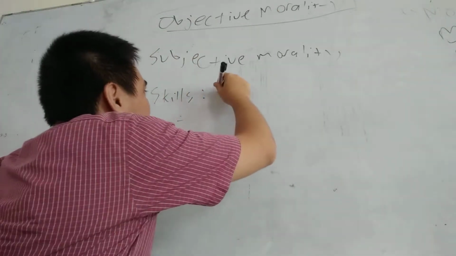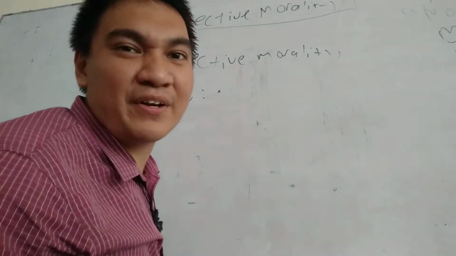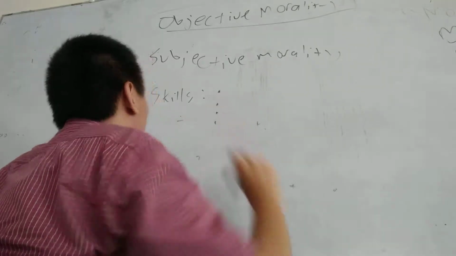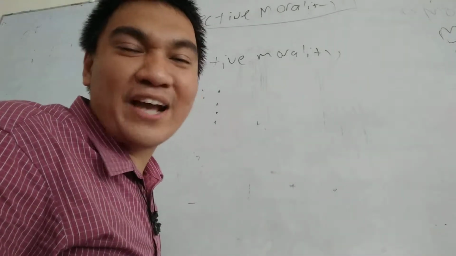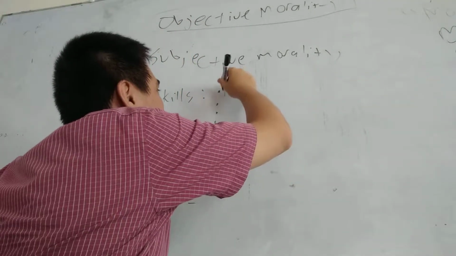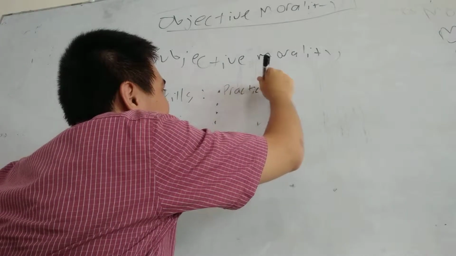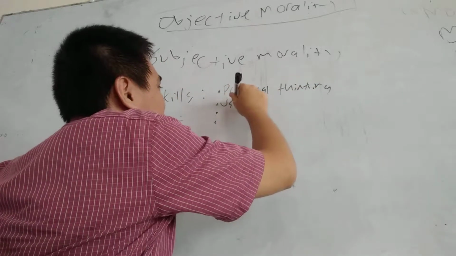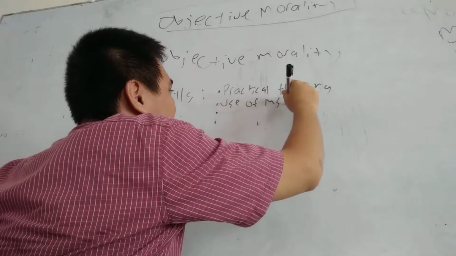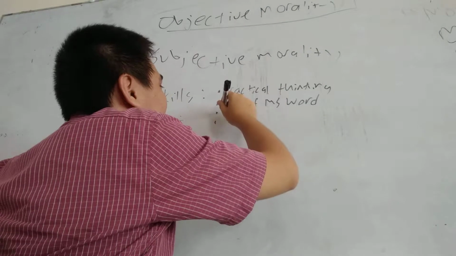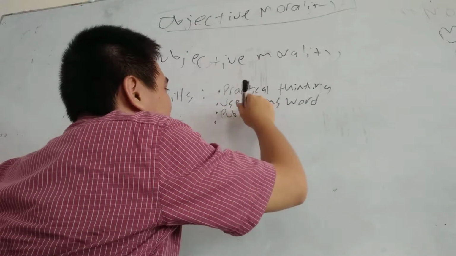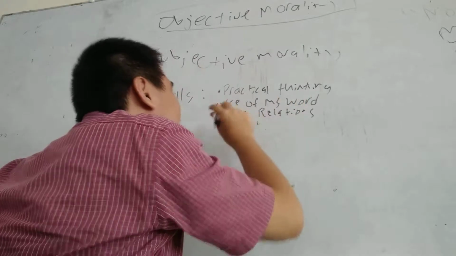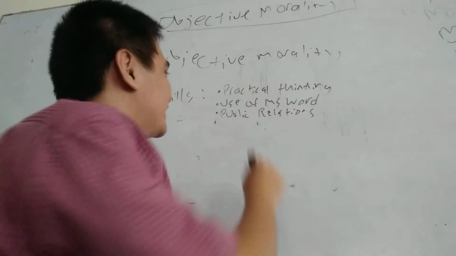For example, in the skill summary, if we're going to use bullets, it's similar to what you see in a regular resume. For example, practical thinking, use of MS Word, public relations, and, for example, critical thinking.